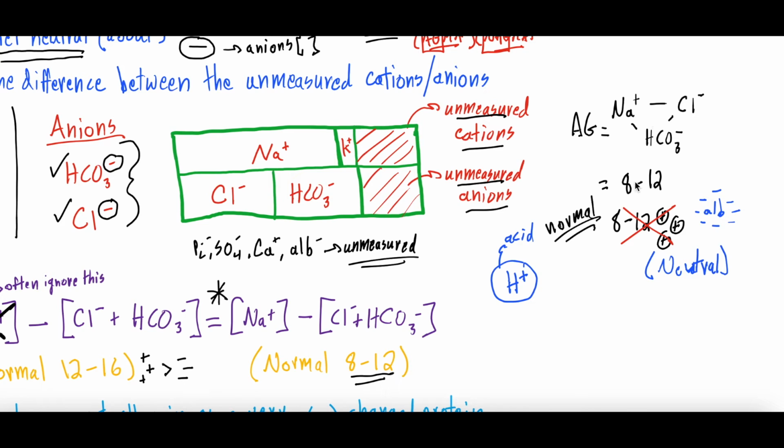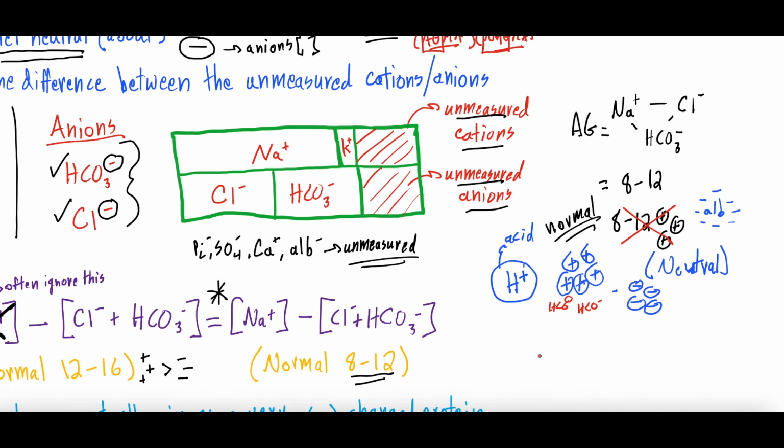So if we increase the amount of positive particles, meaning there's more acid around, and you leave the amount of negative particles, what's going to happen in the body is that bicarbonate, a base, comes in and neutralizes these acid particles, so you're going to have less bicarbonate.